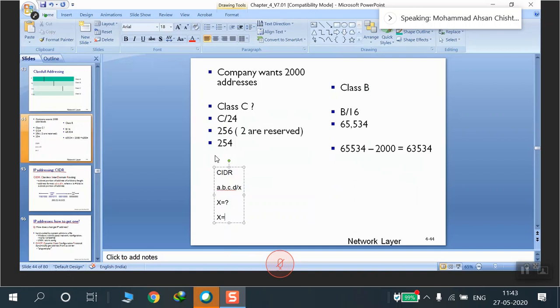In this case, x equal to 21 would provide us IP addresses equal to 2048.